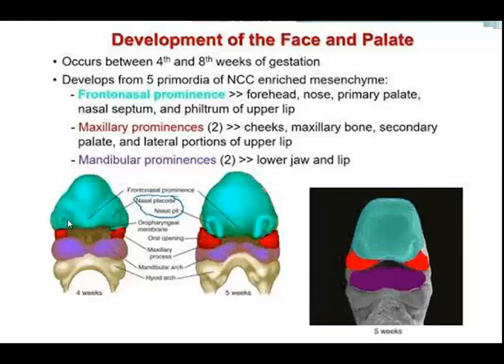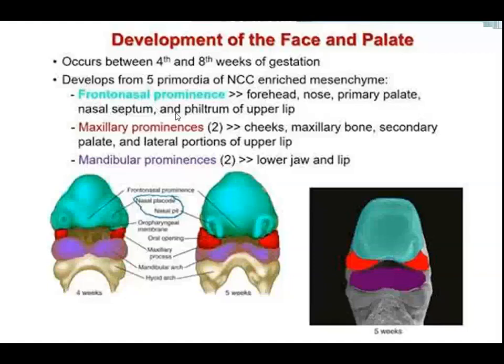The development of the face will be continued by the formation of the nasal protuberance, which will detach from the frontonasal prominence. Differentiation of all of these structures will depend on the epithelial mesenchymal interactions that we have to keep in mind.